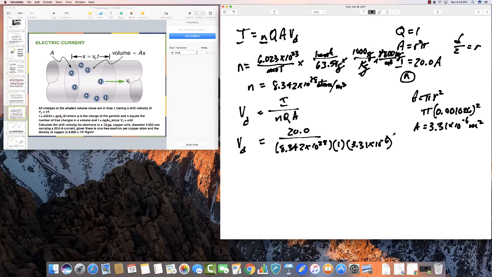I'm sorry, the one charge is actually 1.609 times 10 to the minus 19. It's one charge, but this is going to be 1.609 times 10 to the minus 19. You put this in here, do all the math, and v_d is equal to 4.53 times 10 to the minus 4 meters per second.